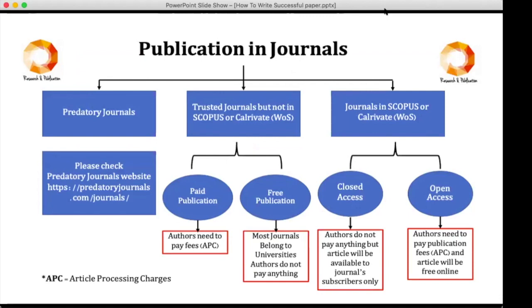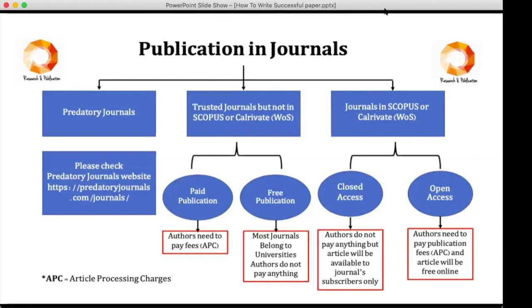We want to understand the journal types. We have 3 types of scientific journals. First, journals indexed in Scopus or Clarivate, which is the Web of Science. In these journals, we have 2 types, either closed access or what they call a hybrid journal. In closed access, when you submit your paper, the journal will ask you whether you want your paper published in closed access, and you don't have to pay any APC, which is article processing charges, or you want your paper available to everyone, published online publicly and open.